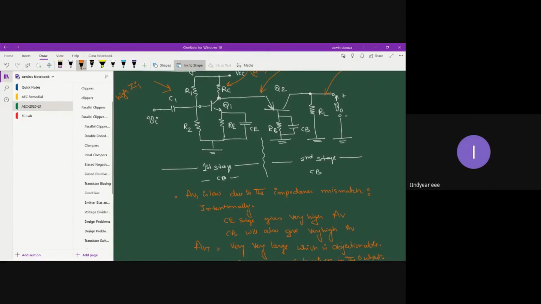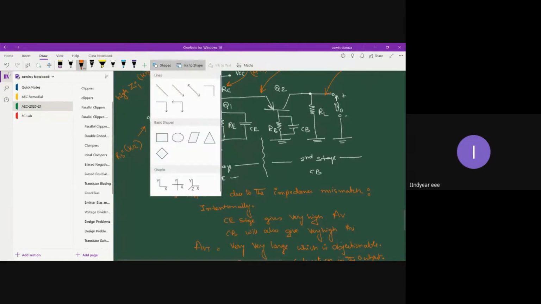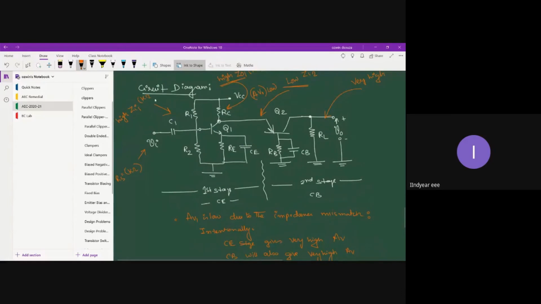So that's the reason, to have good impedance matching with the source, a common emitter configuration is used. That's because VI normally will have a source resistance in the range of a few kilo ohms. So this kilo ohm is going to match with the ZI value of the amplifier stage.